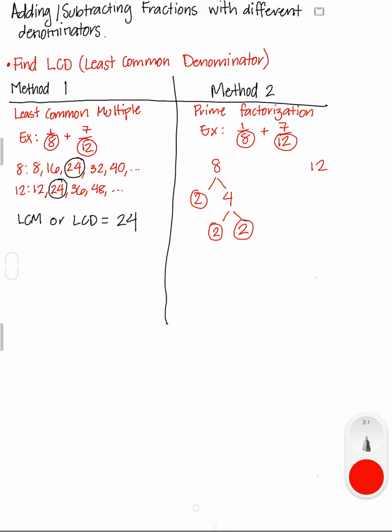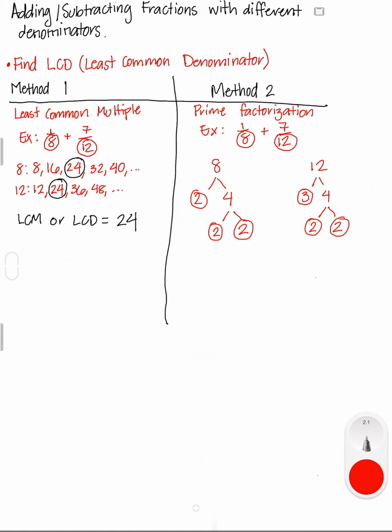I usually circle the primes just so I know visually that I cannot break those numbers apart anymore. Now for 12, we have 3 times 4, and we know that 3 is a prime. And then we have 4, which is 2 times 2, and 2 and 2 are prime numbers.